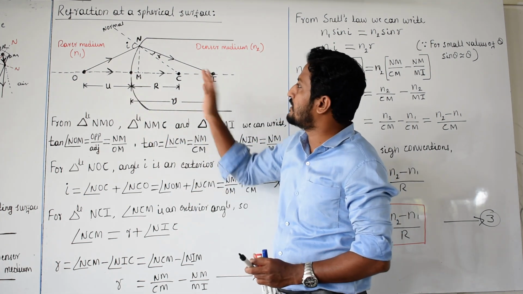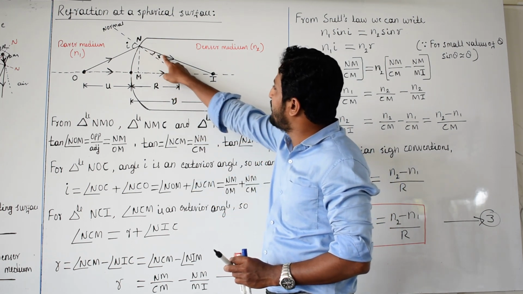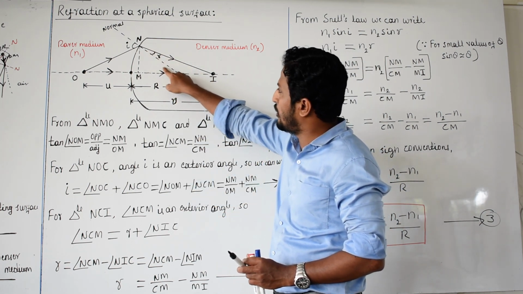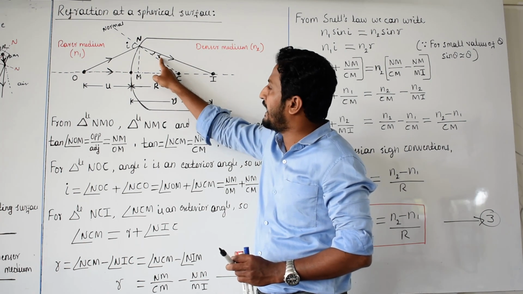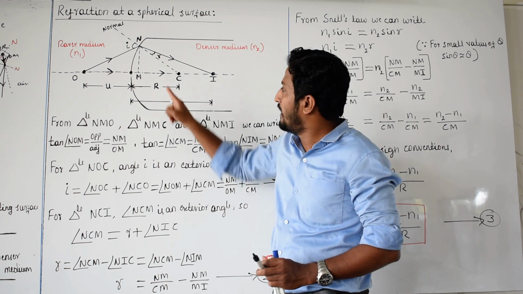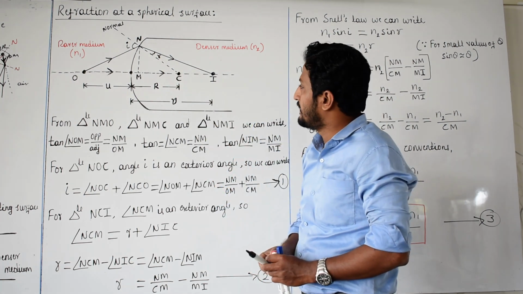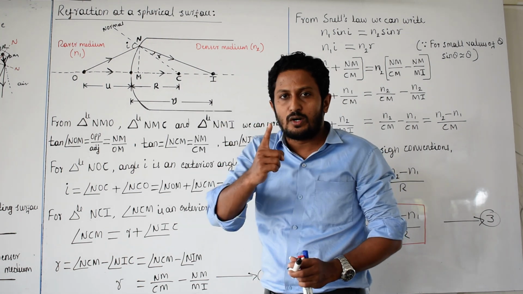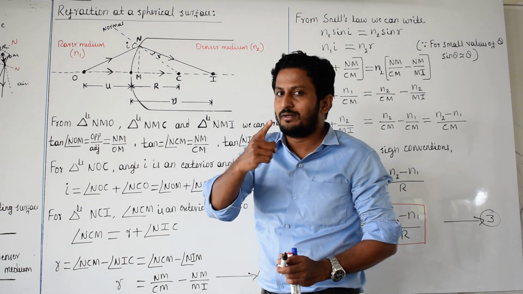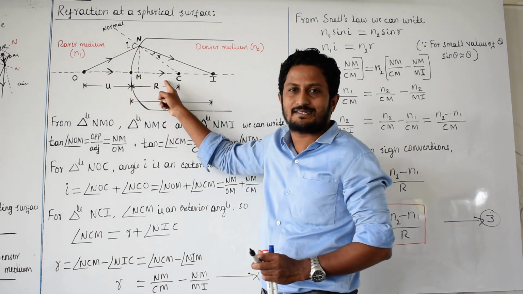Yes. This is about the diagram. See here. This is a refracted light ray and this is the normal. Now this angle we call the angle of refraction. R is the angle of refraction. Then you have to draw one perpendicular from that point N to the principal axis.